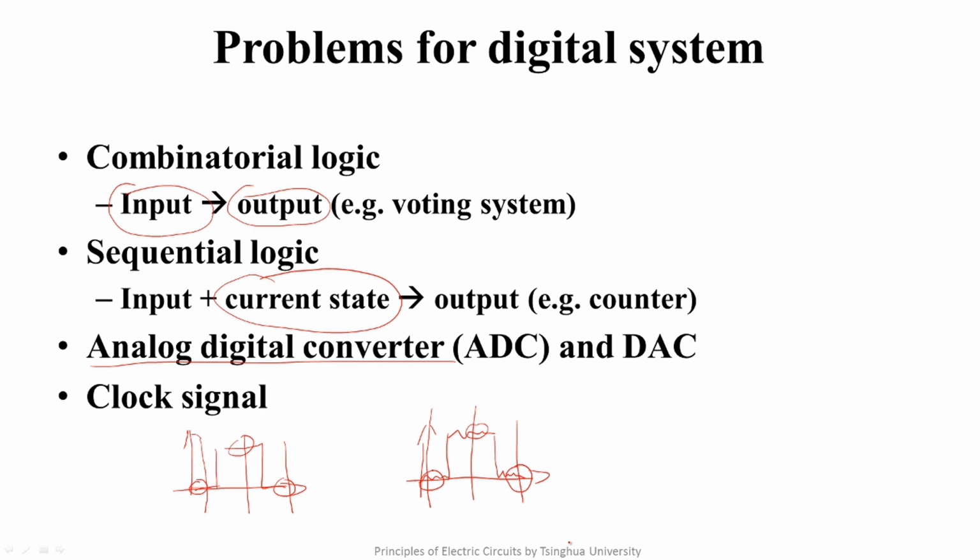You may find that the whole system is measuring with the same time interval, which is a clock period in the digital system.